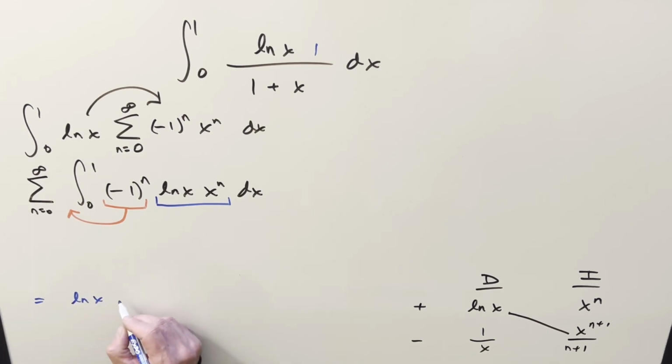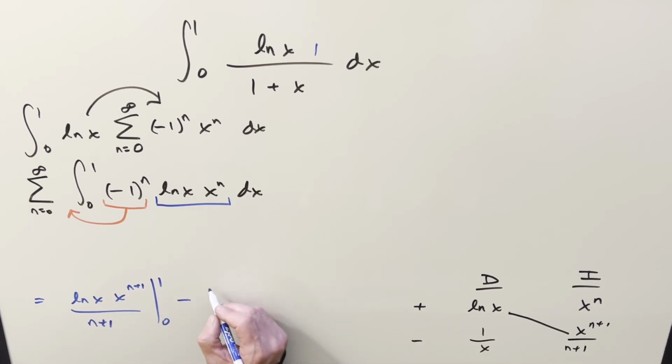So for this part, we have ln x times x to the n plus 1 over n plus 1, and we need to evaluate this from 0 to 1. Then for this integral, minus, and if we multiply these together, this is going to be like an x to the 1. Dividing that in there, we subtract off this one, and what we have is x to the n over n plus 1.